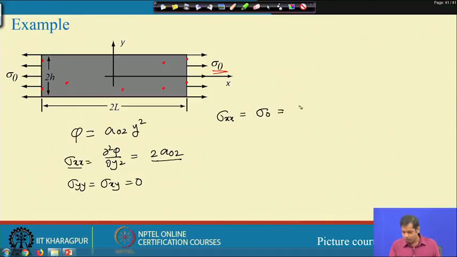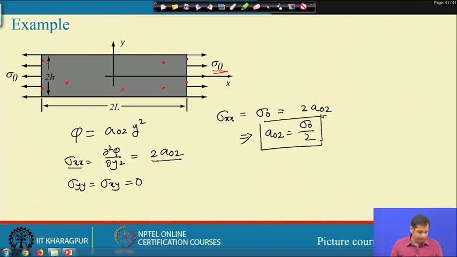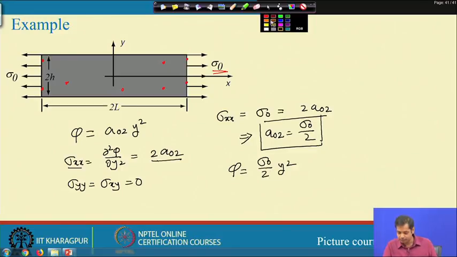And this is equal to 2 A02, and this gives us A02 is equal to sigma 0 by 2. Okay. And if this is so, then the expression of phi is phi equal to sigma 0 by 2 into y square. That is the expression of phi. Okay.